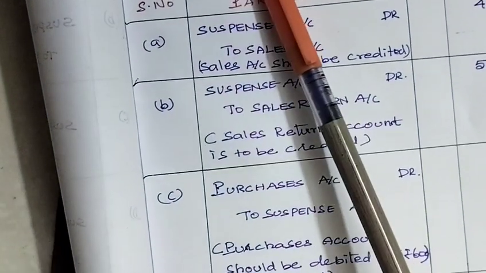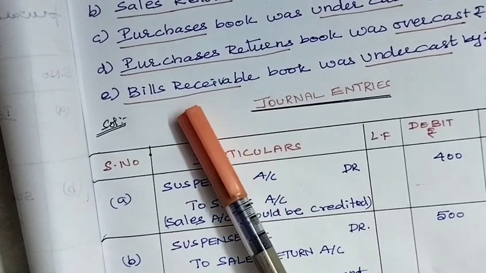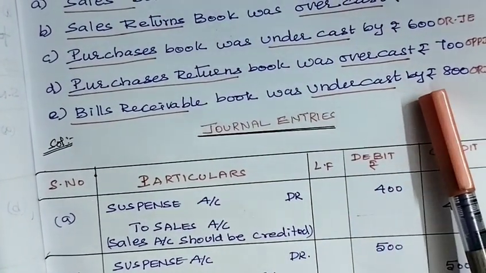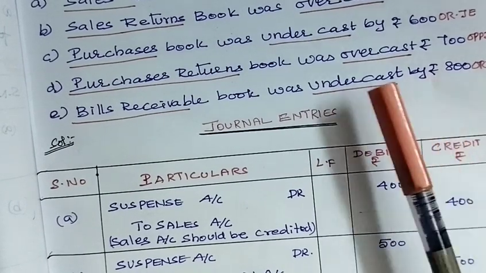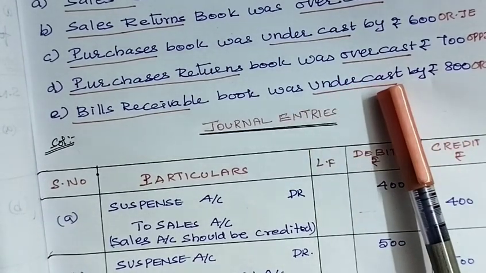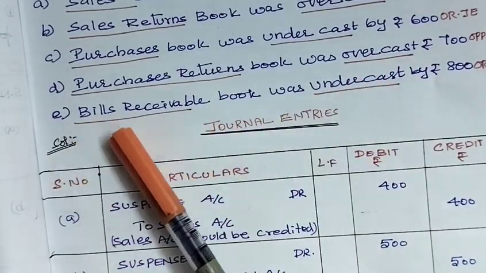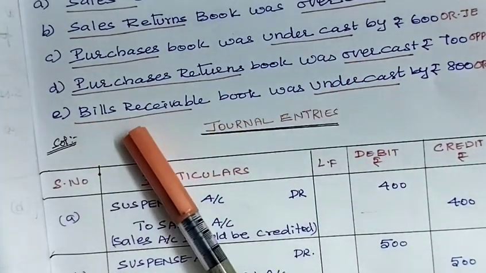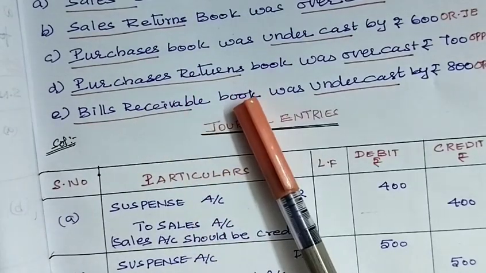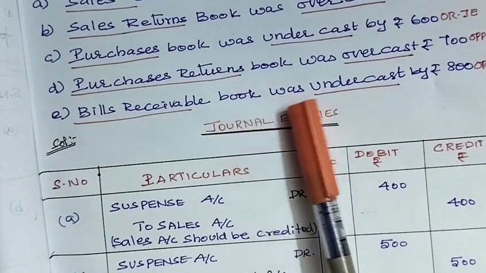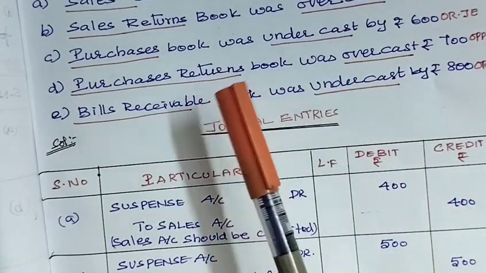Next, read the last transaction: bills receivable book was undercast by rupees 800. Undercast means we should follow the original journal entry. The account given here is bills receivable book, which shows 800 rupees less. This is a big error. How can you rectify it?